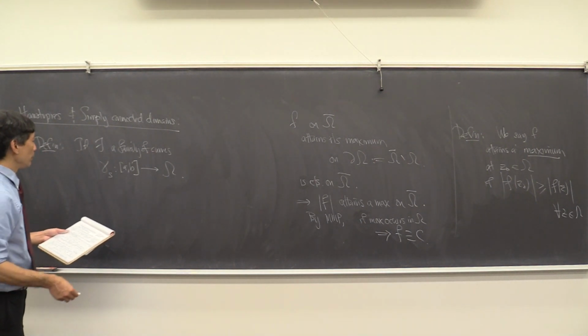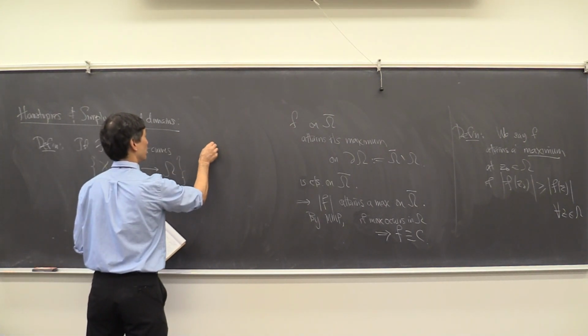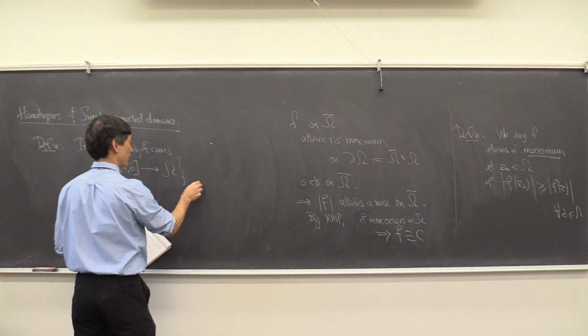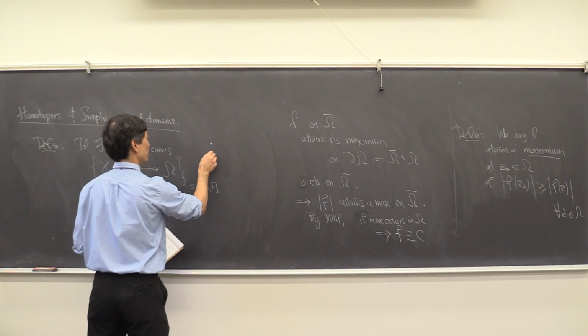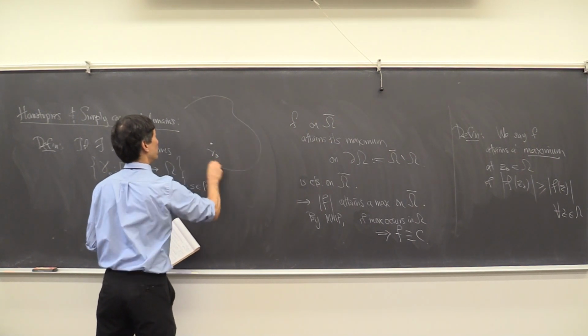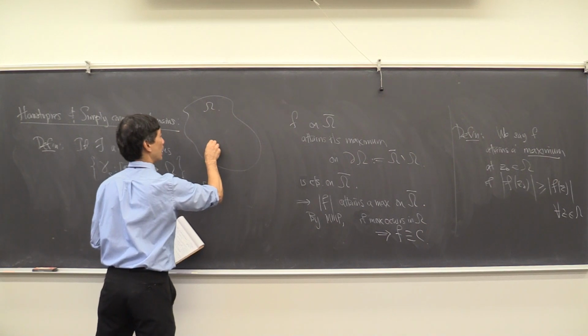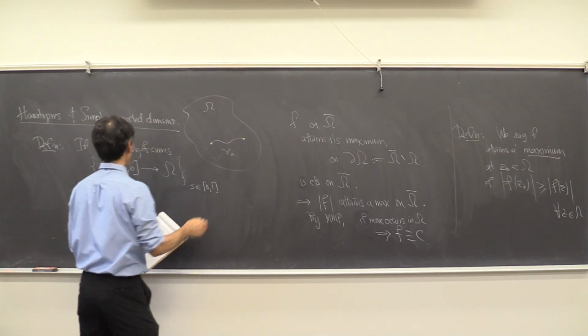So you've got this family of curves, and s is going to range from 0 to 1. Okay, so there's gamma 0. Here's omega, and you have some curve called gamma 0.